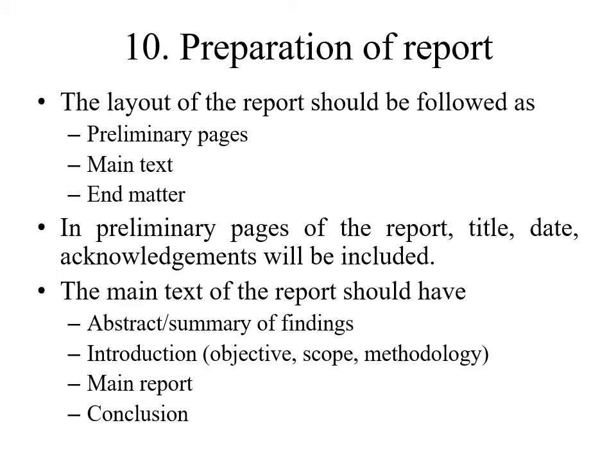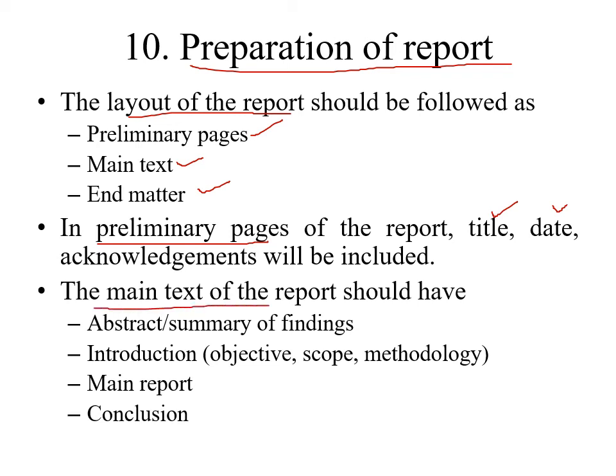The final step in the research process is the preparation of reports. The layout of the report includes the preliminary pages followed by the main text, and then the end matter. The preliminary pages include the title, date or duration of the research, and some acknowledgements. The main text should have the abstract or summary of the research findings.